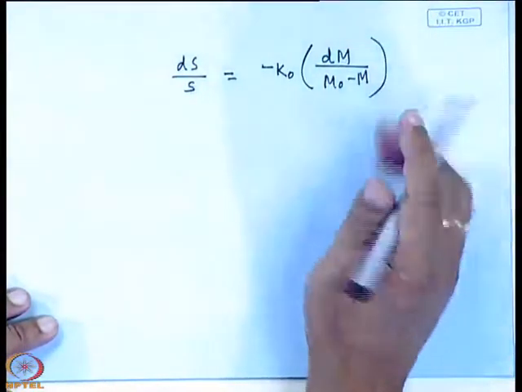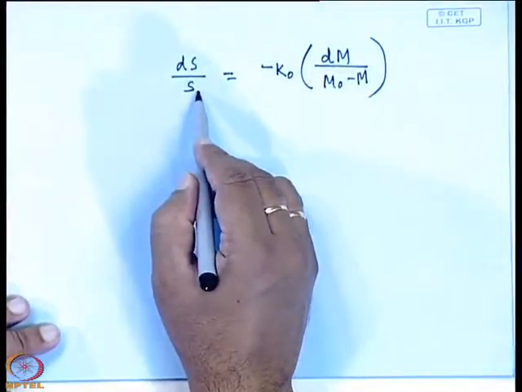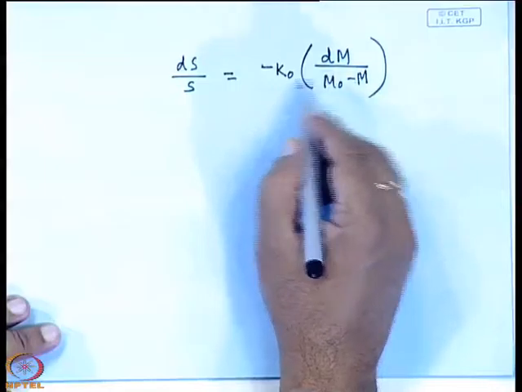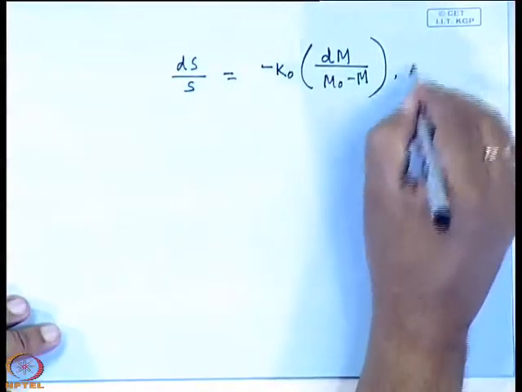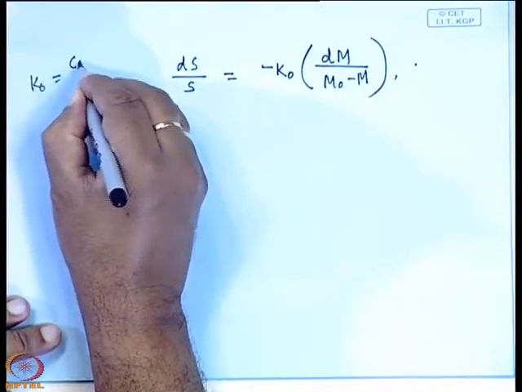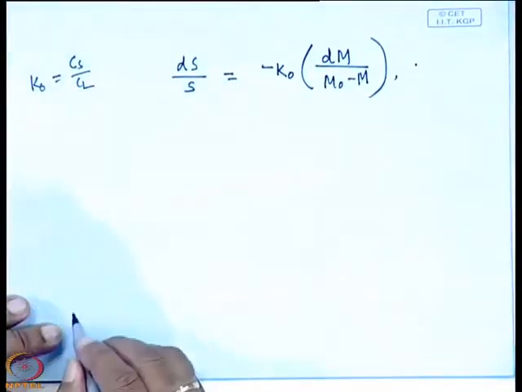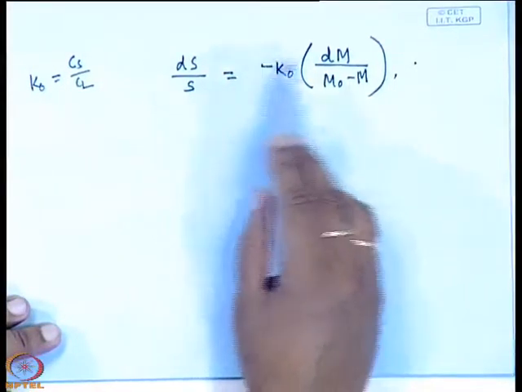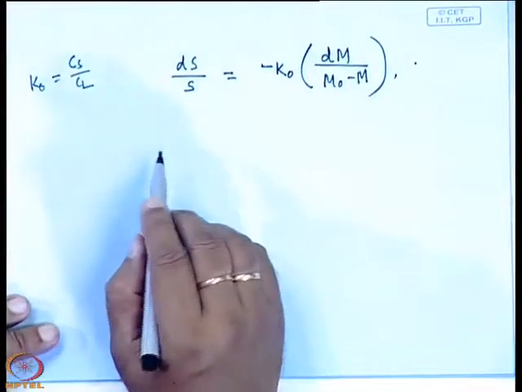Using these two equations, I can write dS by S equals minus k0 dm by m0 minus m. Why? Because you know that k0 is equal to Cs by Cl.